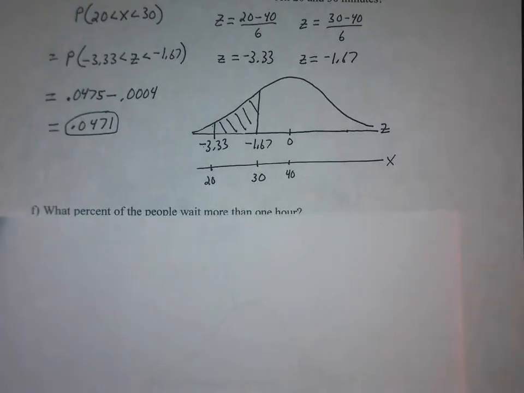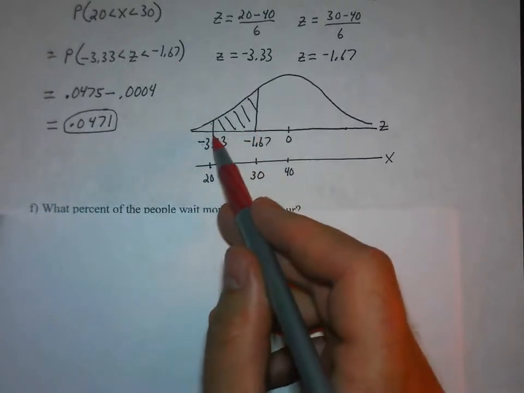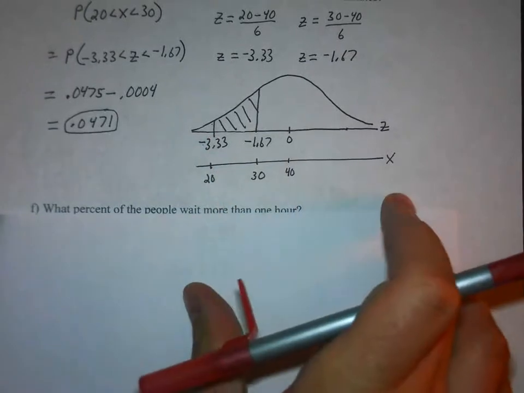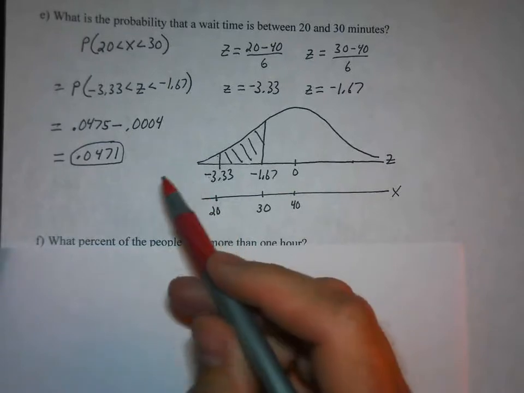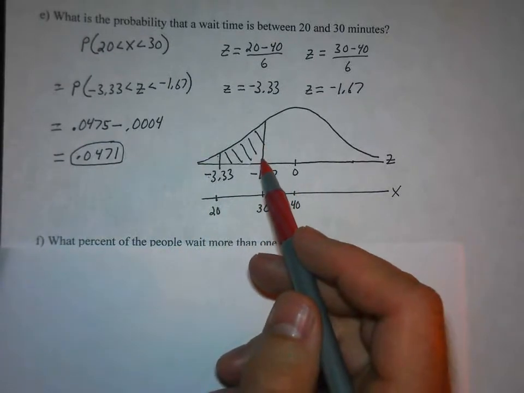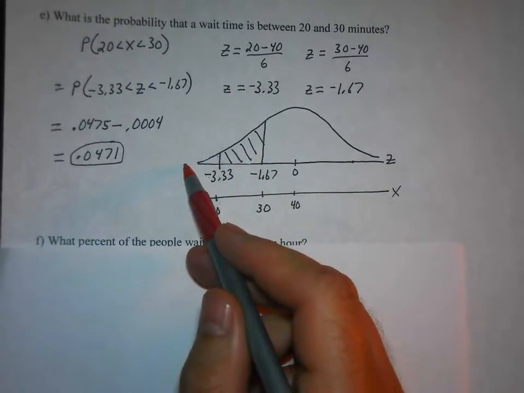Okay, there's the shading of it. We know that negative 1.67 and between that z-score and negative 3.33, you take this larger z-score minus the smaller. The area, let me rephrase that. You take the area to the left of that right-hand z-score minus the area to the left of the left-hand z-score.